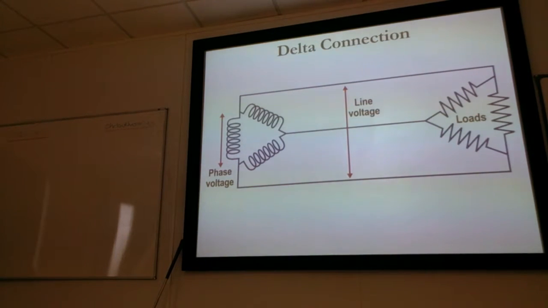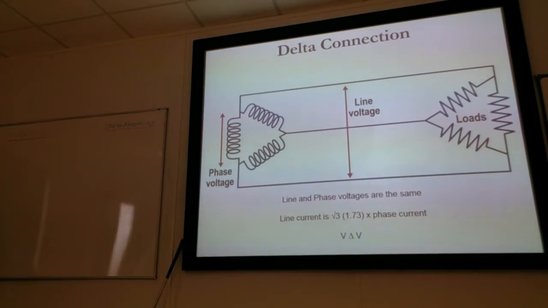The way to remember it for a delta connection, the fact that the voltages are the same. Line current, as I've said, square root 3 of the phase current, or times phase current. Just remember V delta V. The delta connection, the voltages are the same. Line and phase voltages are the same. It's the current that changes. You're unlikely to be asked to calculate that. Be pleased to hear.